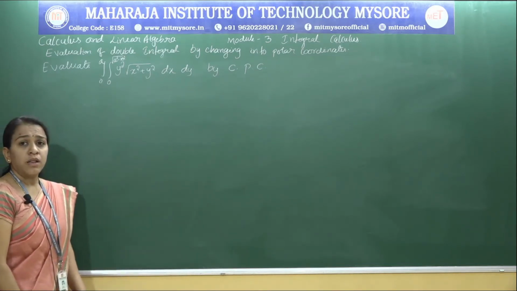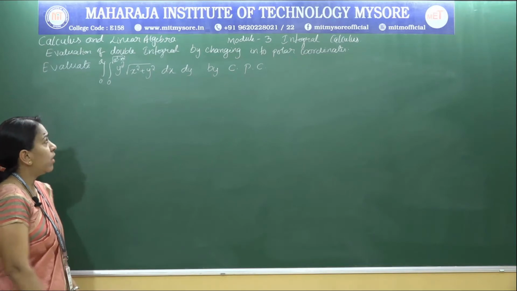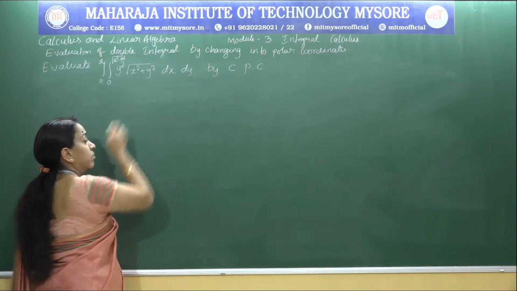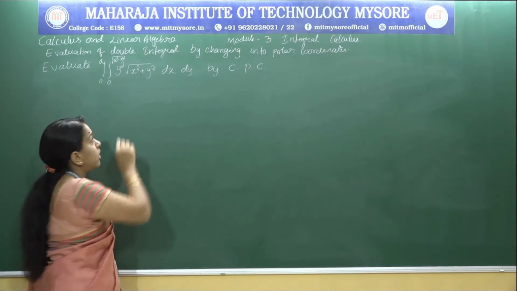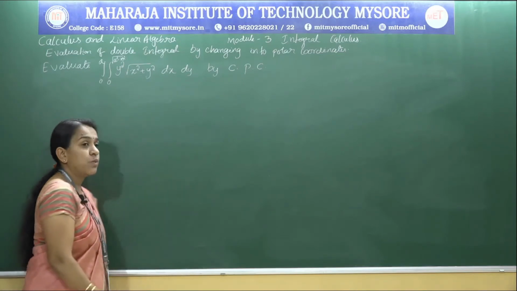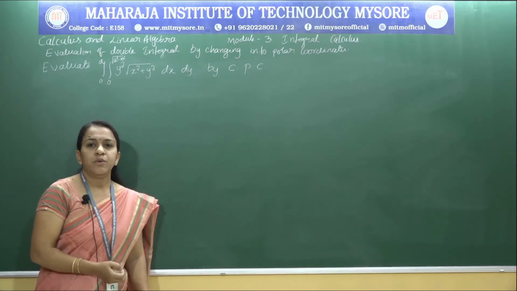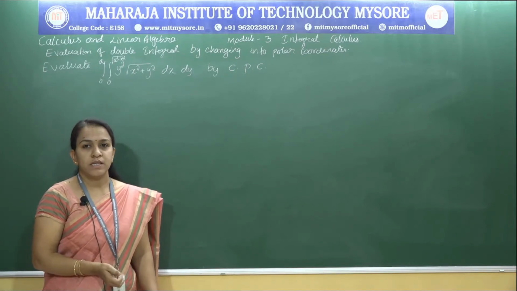So now in the given problem, in the function place f of x comma y we have x square plus y square, and also in a limit place we have root of a square minus x square. Therefore, if I change that into polar coordinates, I can easily evaluate.